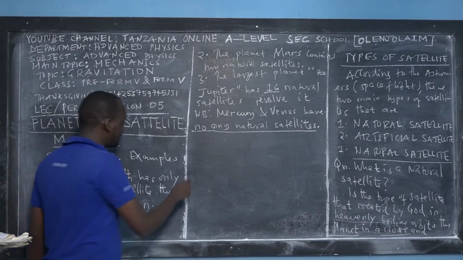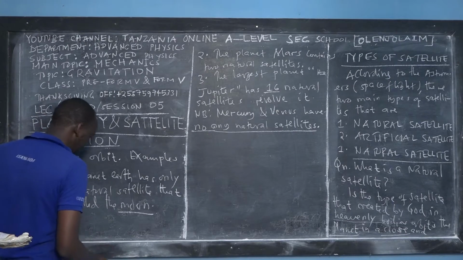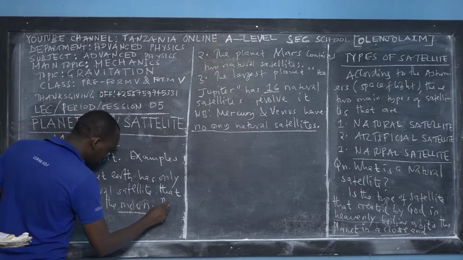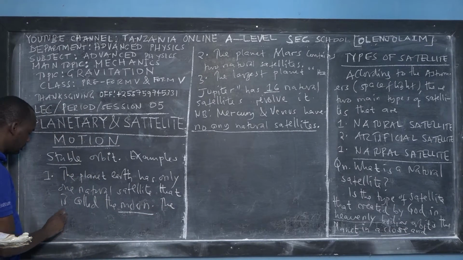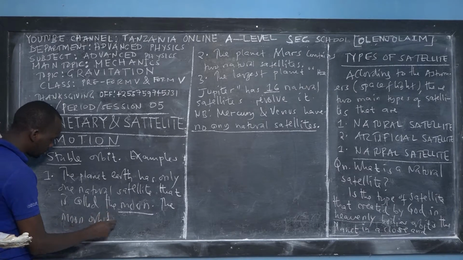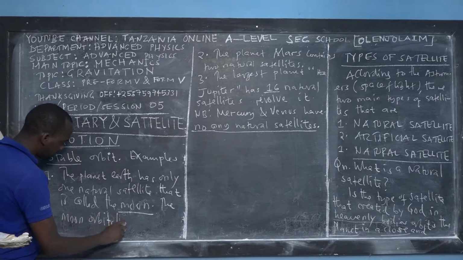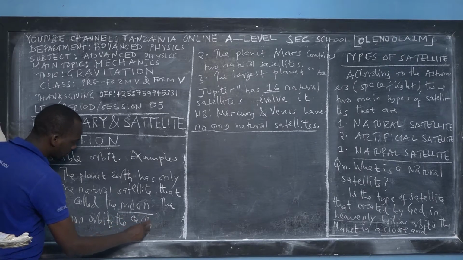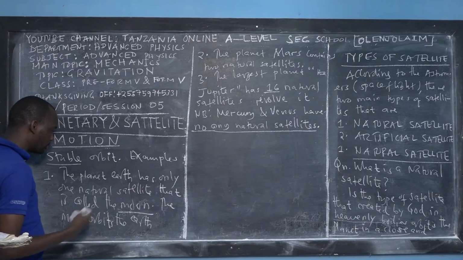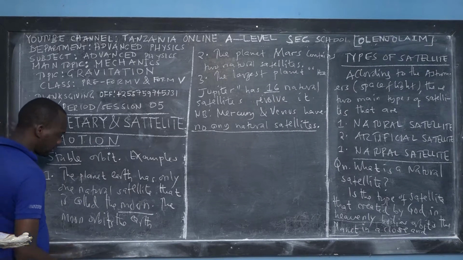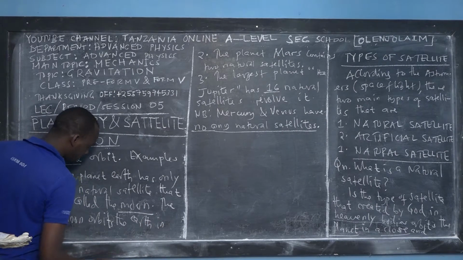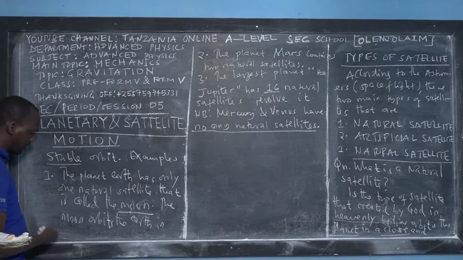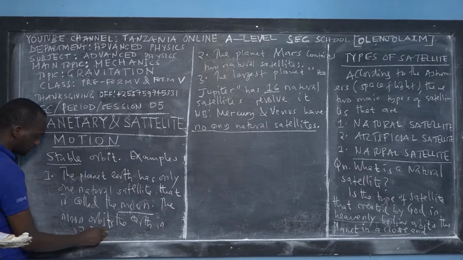So again, in addition to this, the Moon orbits the Earth in a close and stable orbit, and completes one revolution in 27.3 days.